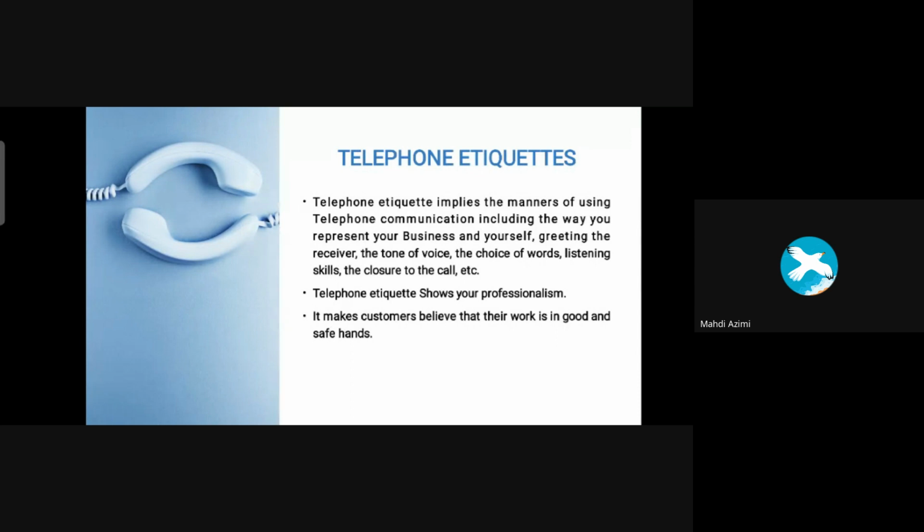That means how gentle our voice is, and whether we have taken permission. An effective telephonic conversation comes only with practice, because we just say hello, and after that hello we have to continue.